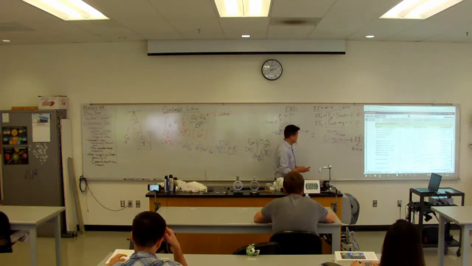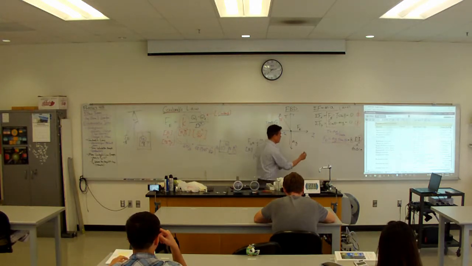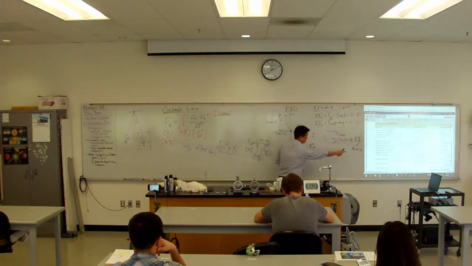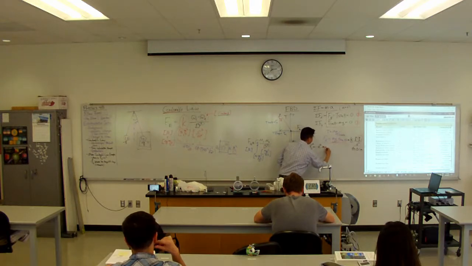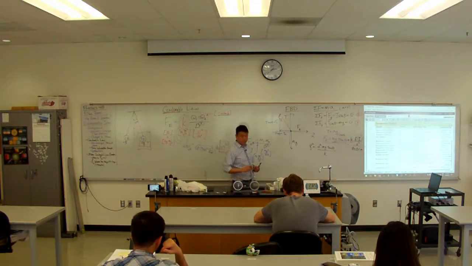Okay? So let me write down the version where I moved everything else over. So I have q squared is equal to d squared times mg tangent theta divided by k. Right?